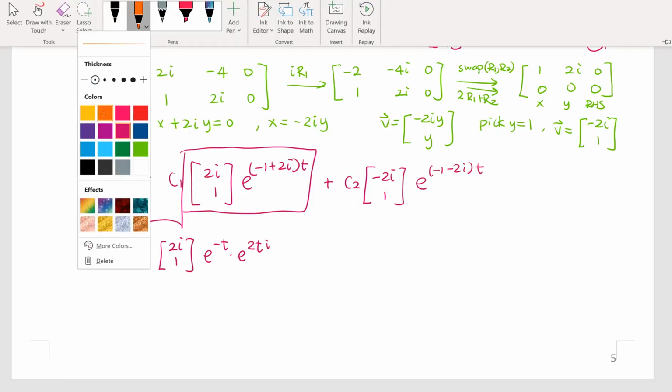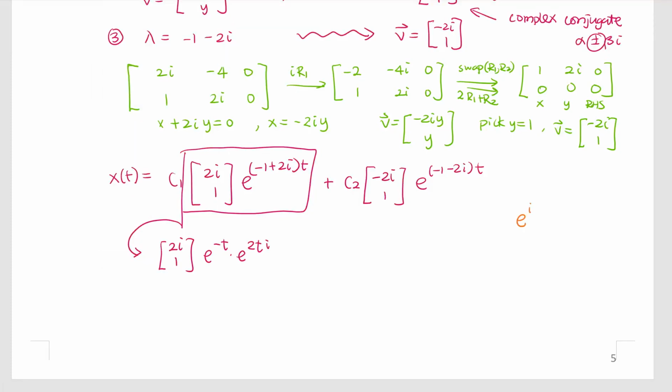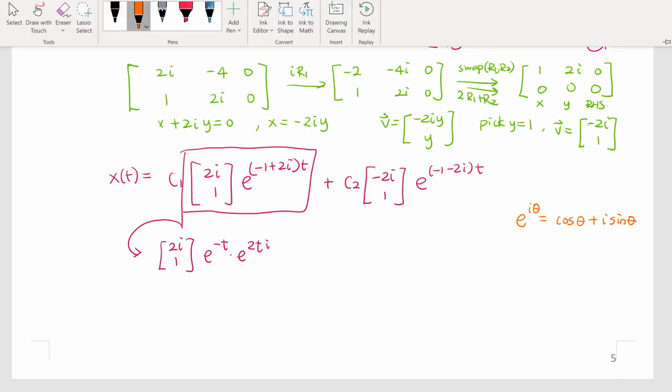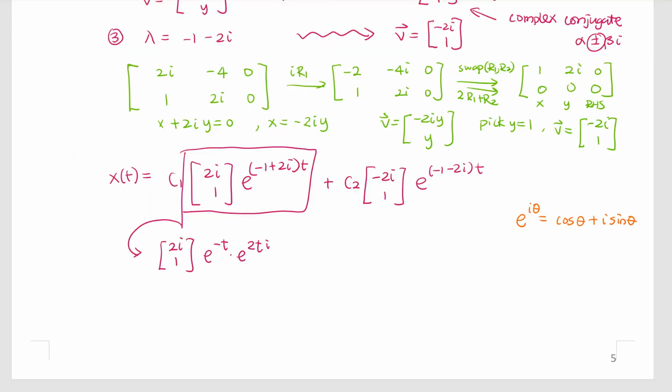Euler's formula? So e to the i theta is cosine theta plus i times sine theta. So in that case, now we can replace theta by 2t.